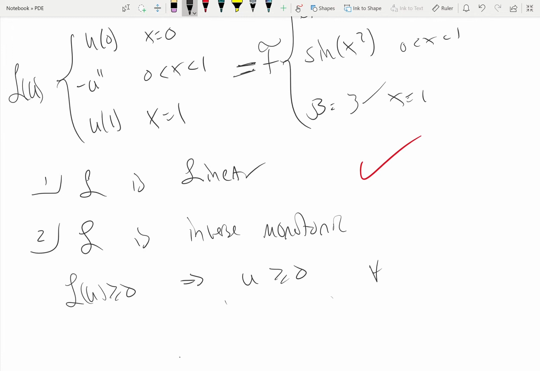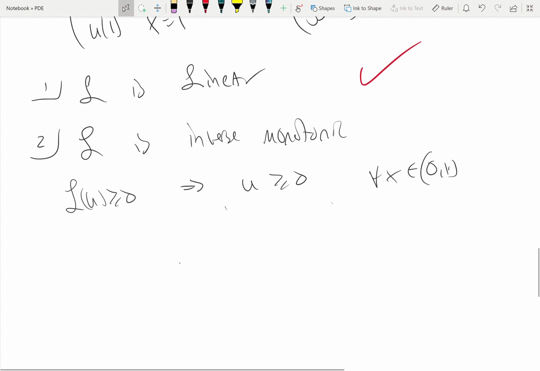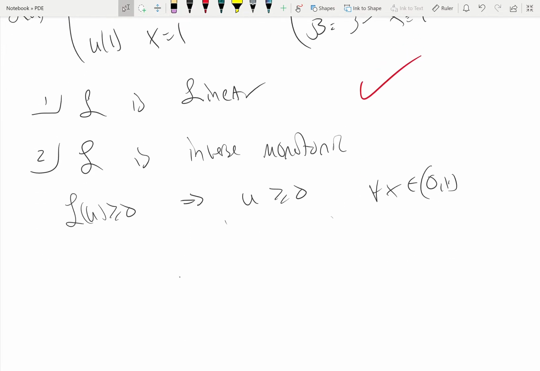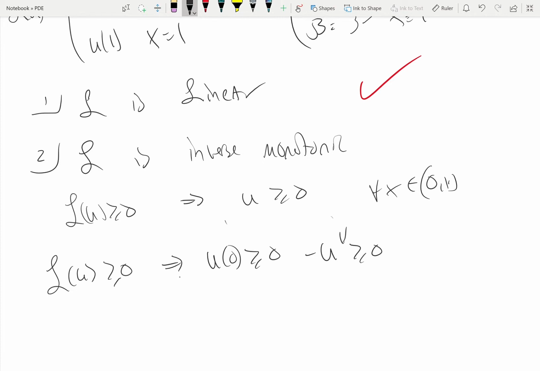Alright, now this is for all x that exists between 0 and 1. Okay, so since we're going to state that L of u is bigger than or equal to 0, right, this implies that u of 0 is bigger than or equal to 0, negative u double prime is bigger than or equal to 0, and u of 1 is bigger than or equal to 0.